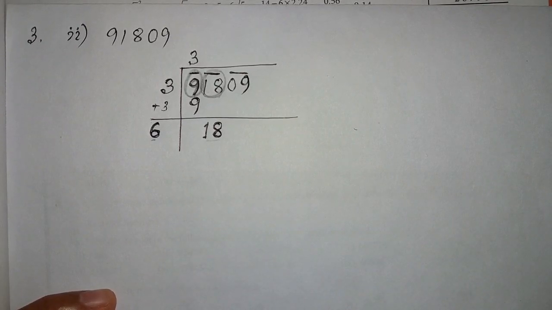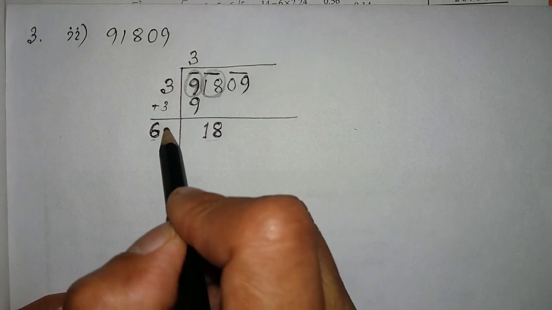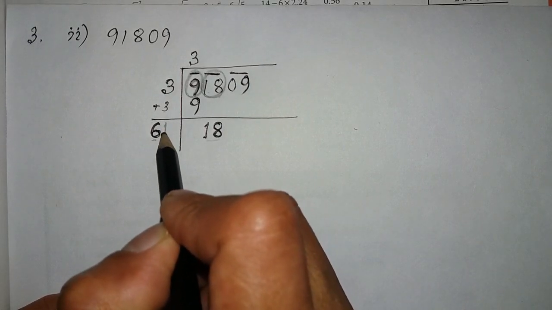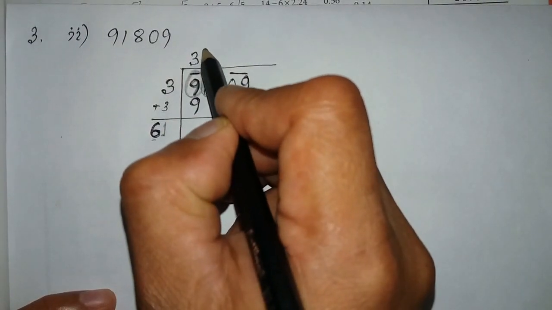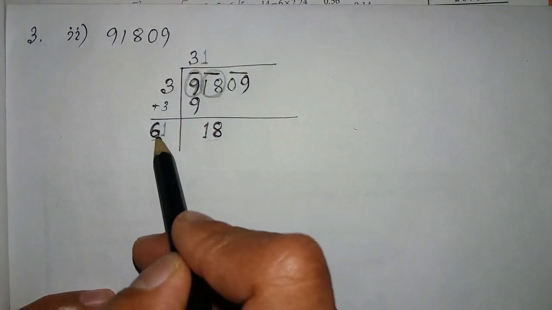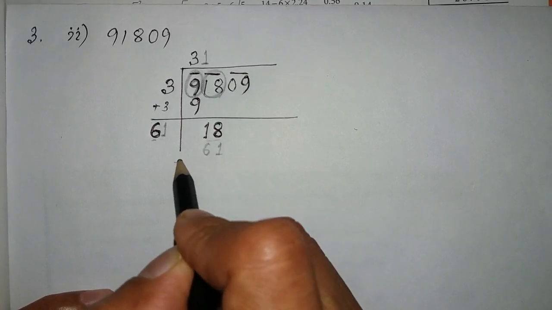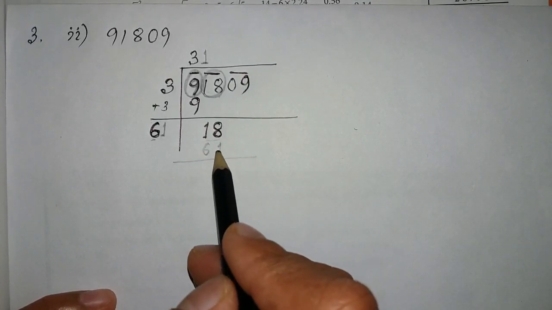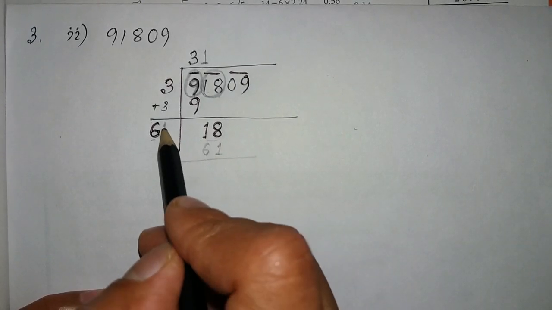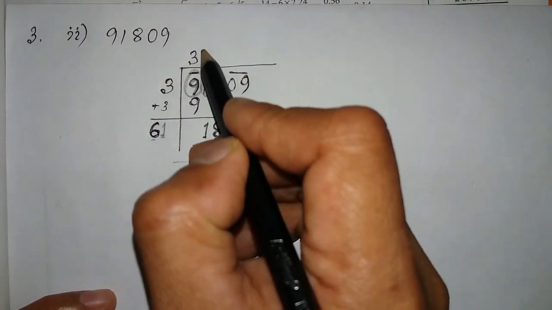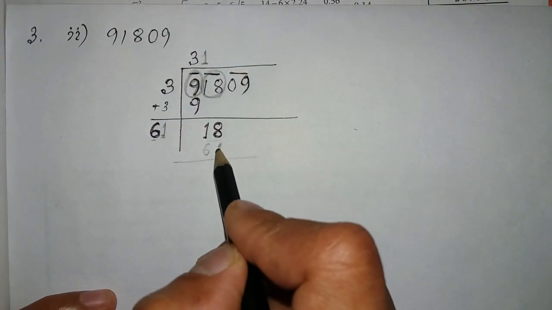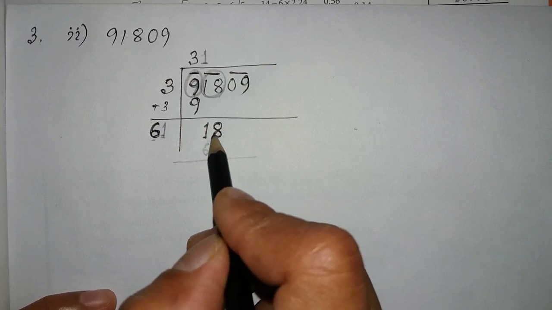Listen very carefully. If I write here 1, then I have to write here 1. Now 61 into 1 is 61. Now here you can see that this 61 is much bigger than 18. So even if we write here 0 or 1, we're getting a much bigger number than 18.